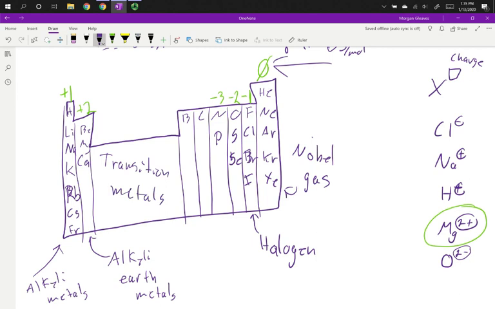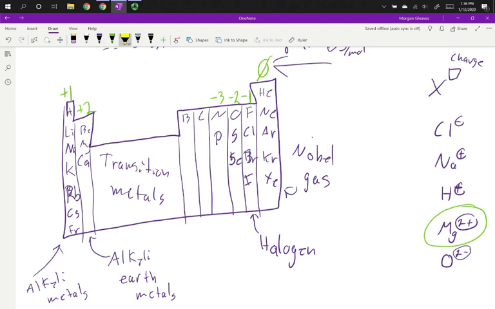So part of what the periodic table does is it groups elements together by common behavior. And so by knowing what we expect each column to do, very quickly I can find the charge I expect on an element. So if I was to ask, what is the charge on a sulfur?